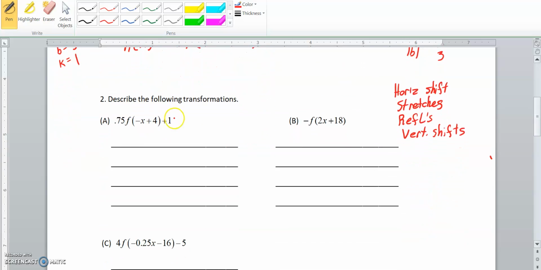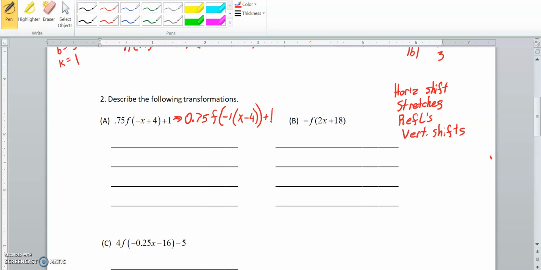So let's rewrite this quickly. -1, and I will put the 1 just to make it distinct. Now we have standard form. Now we can proceed to describe the transformations.